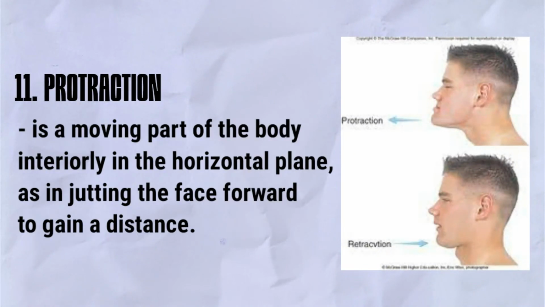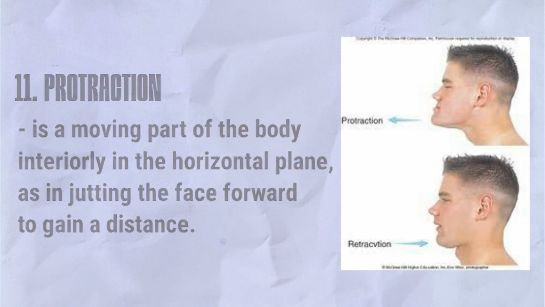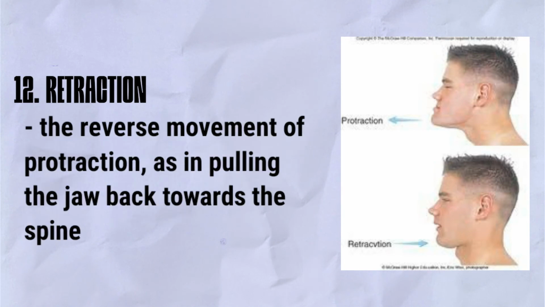So the next movement is protraction. It's moving a part of the body anteriorly in the horizontal plane, as in jutting the face forward to gain a distance. And the next movement is retraction, the reverse movement of protraction, as in pulling the jaw back towards the spine.